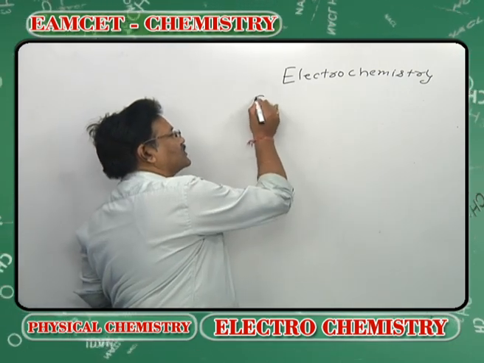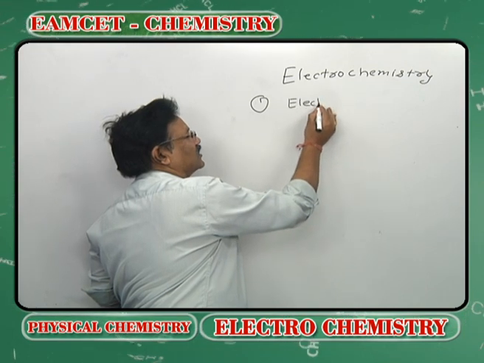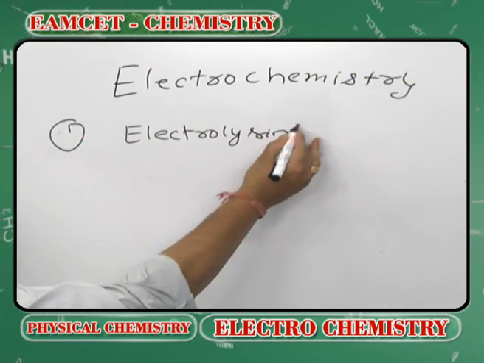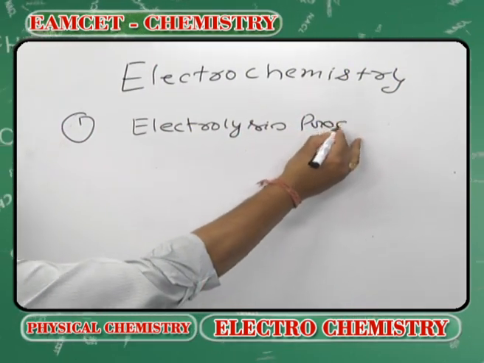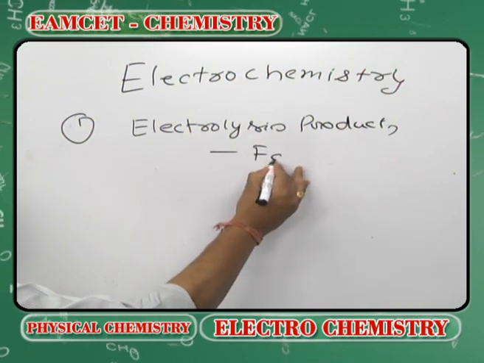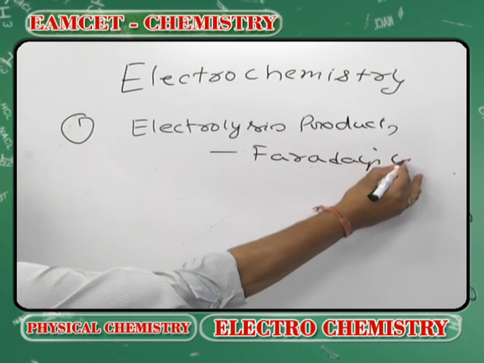What are the important topics in electrochemistry? The first and most important one is electrolysis products and Faraday's laws.